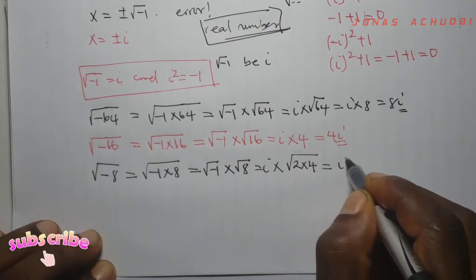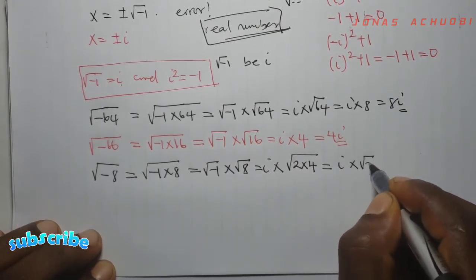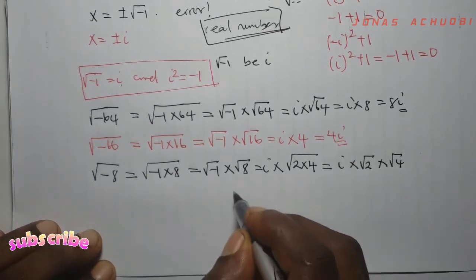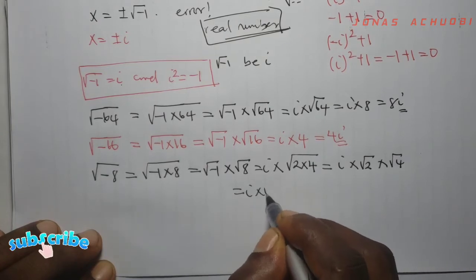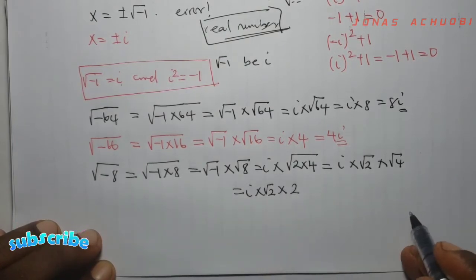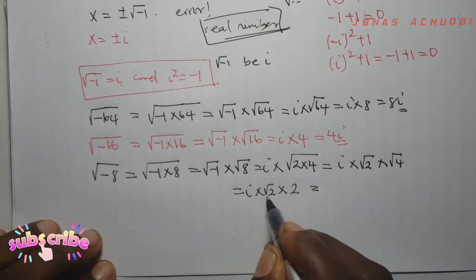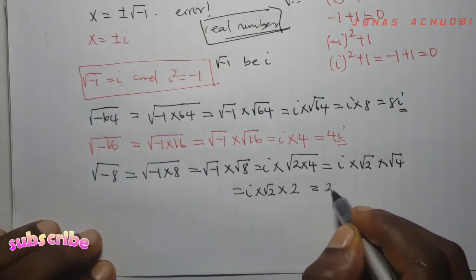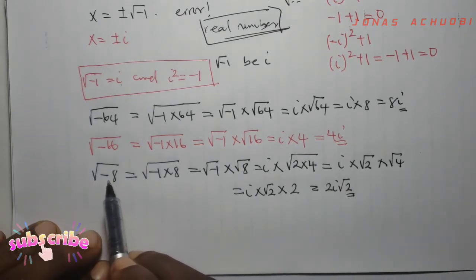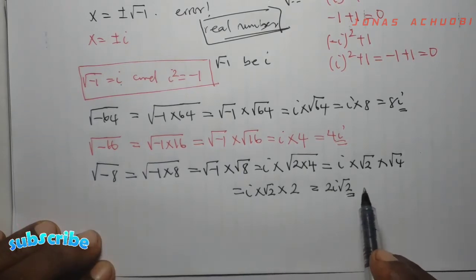So this becomes i times the square root of 2 times the square root of 4. The square root of 4 is nothing but 2. So i times root 2 times 2 is nothing but 2i root 2. So once again, the square root of minus 8 is equal to 2i root 2.